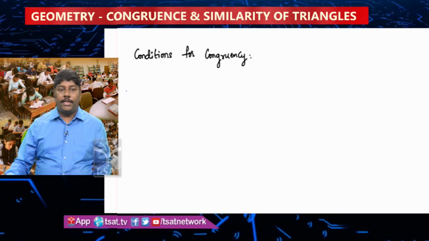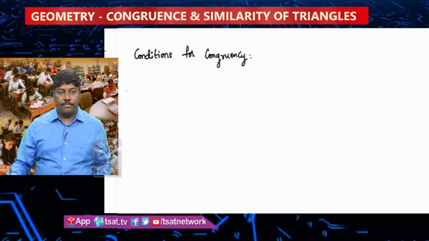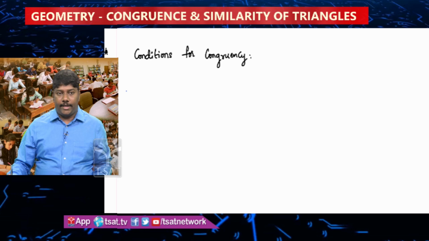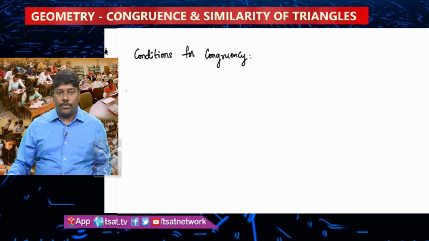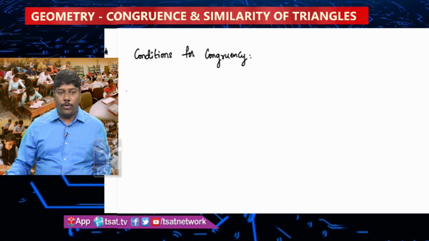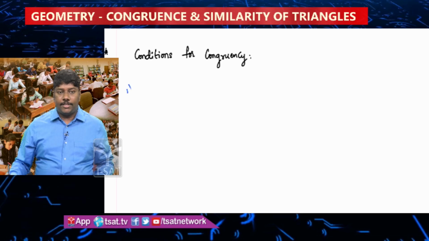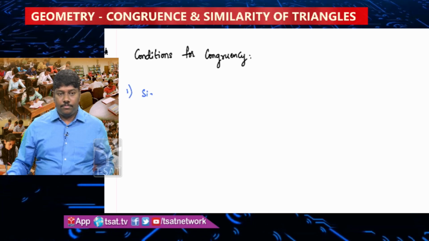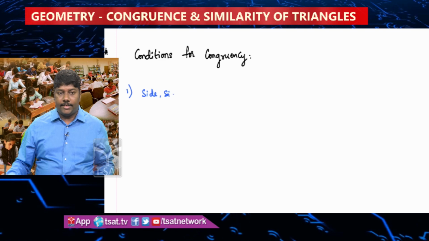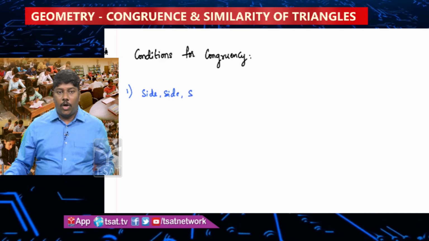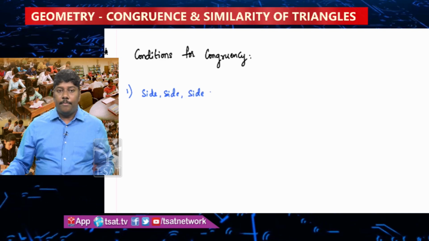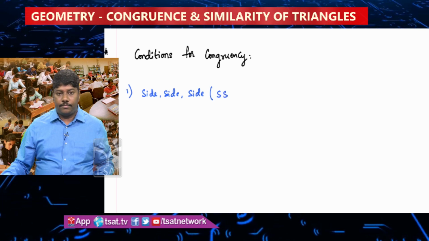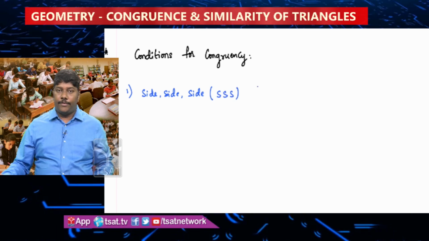Now how do you recognize two triangles are congruent triangles? So we say conditions for congruency. First, side, side, side: all three sides of one triangle must be equal to all three sides of a second triangle.